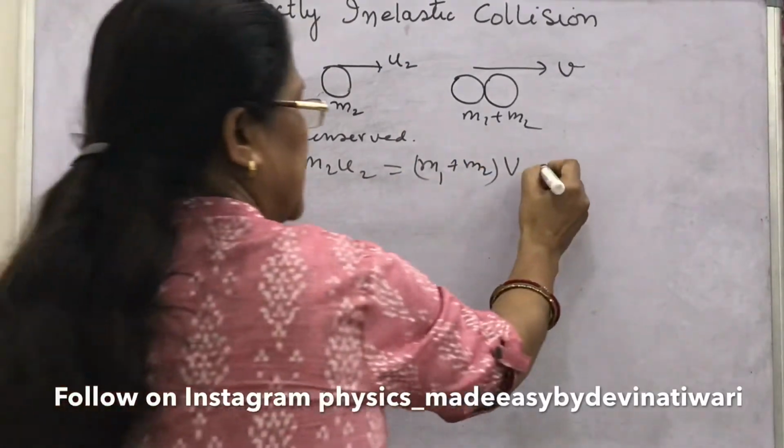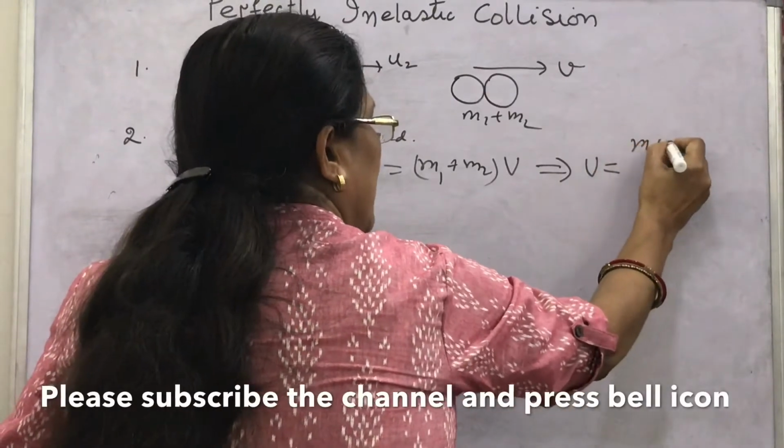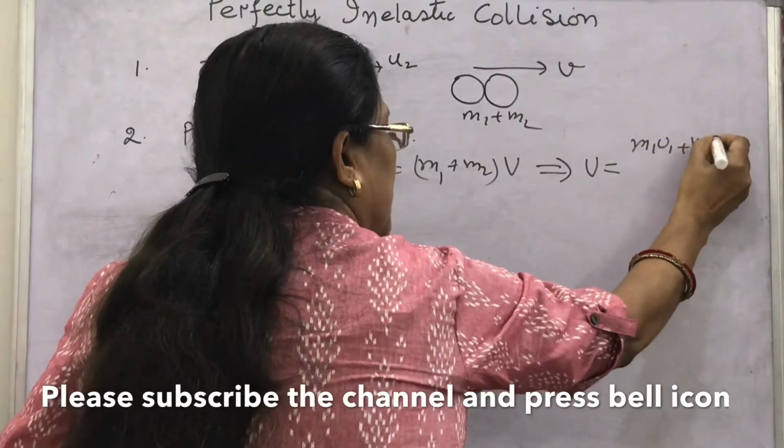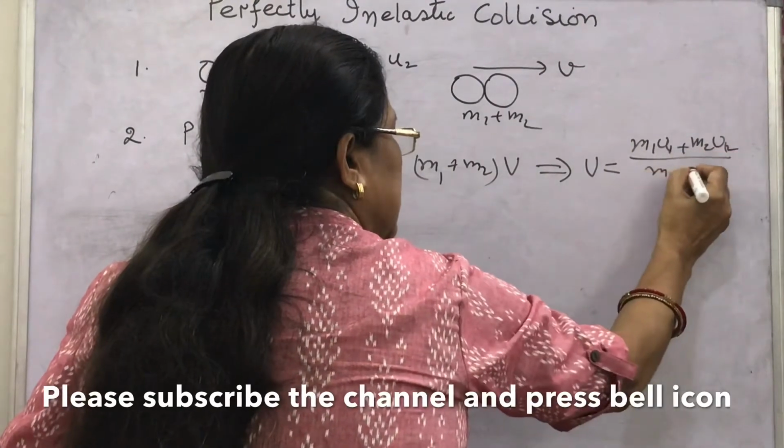From this expression you can find out the common velocity, v equals m1 u1 plus m2 u2 upon m1 plus m2.